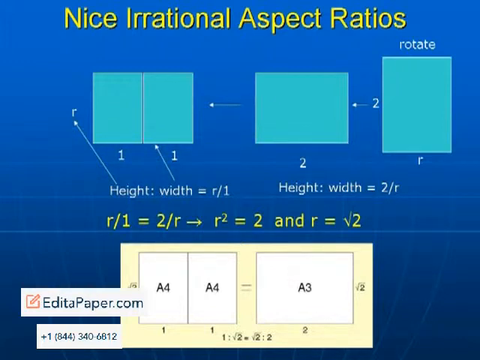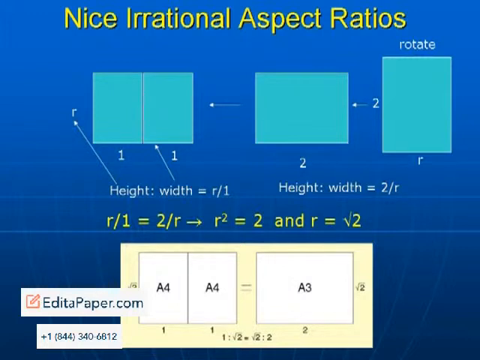And so the ratio of the height to the width of the small pieces is r divided by 1, whereas for the big piece, the height divided by the width is 2 divided by r. Well, if we want these to be in the same ratio, we want r divided by 1 to be 2 over r. So r squared is 2, and r is the square root of 2.